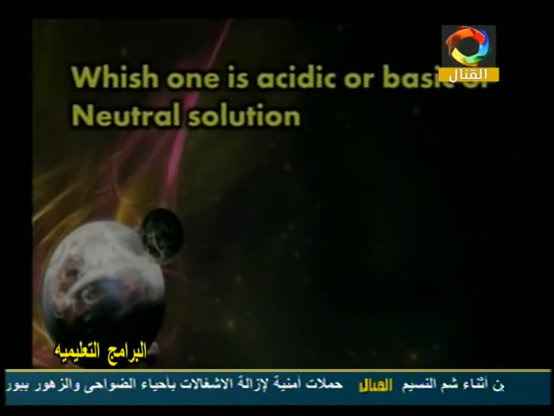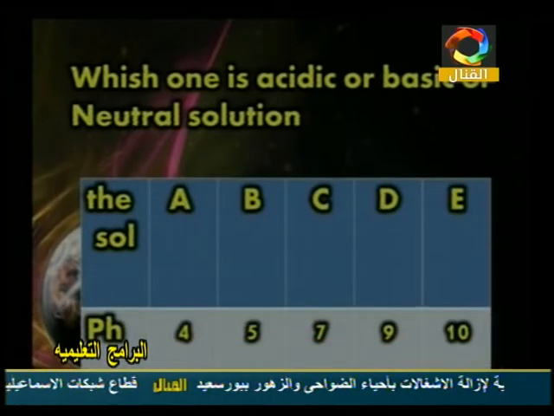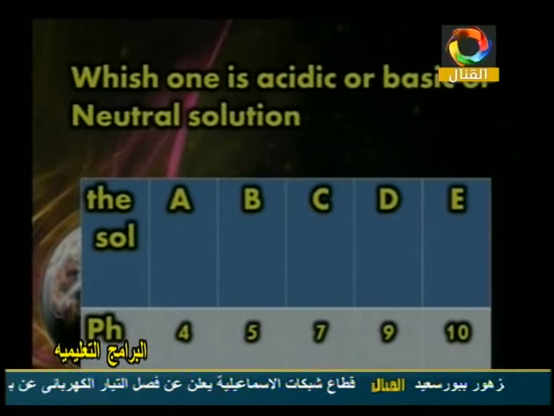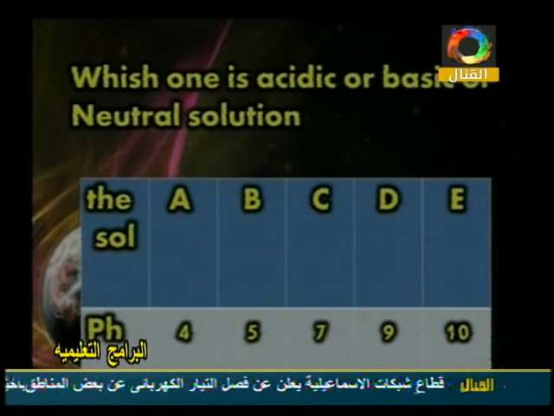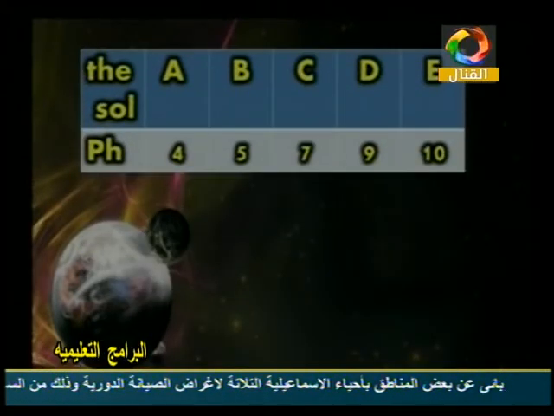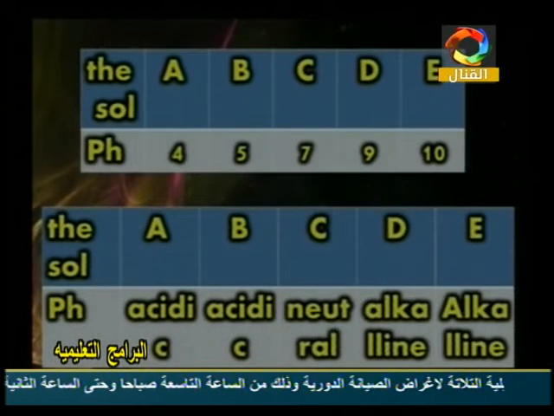Which one is acidic, basic or neutral? Look at the table. A equals 4, B equals 5, C equals 7, D equals 9, E equals 10. 5 of them. How can you do it? A, for the beginning, A is 4. Do you know what this means? It means it's acidic.